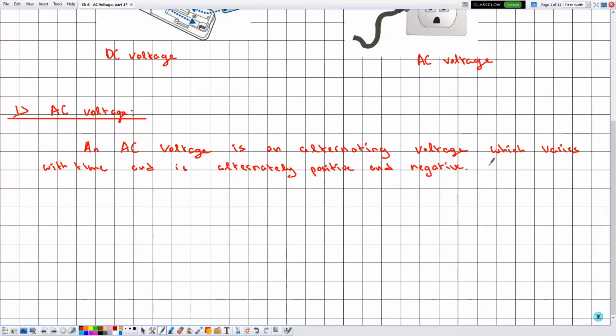Whereas in the case of DC voltage, let's recall that a DC voltage is constant with time.